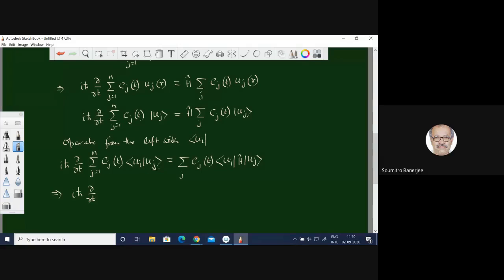You notice that this goes to 0 unless i is equal to j, and therefore this is nothing but Ci as a function of t.